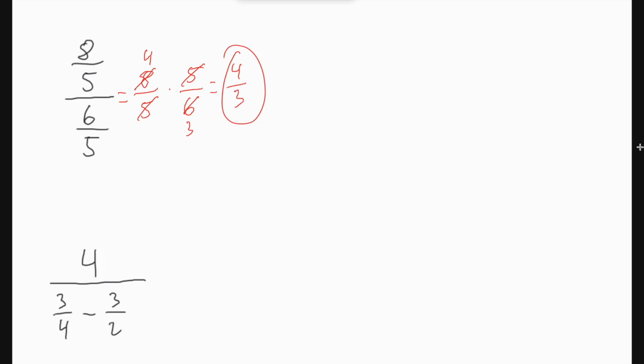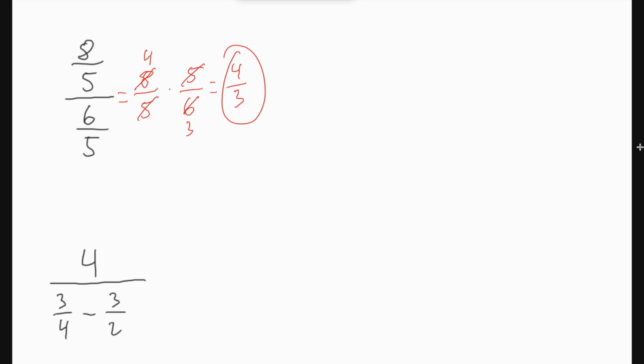All right, on this next one, first we're going to have to deal with what's going on in the denominator. In the denominator, we have 3/4 minus 3/2. The common denominator here can be 4, because 4 times 1 is 4 and 2 times 2 is 4.